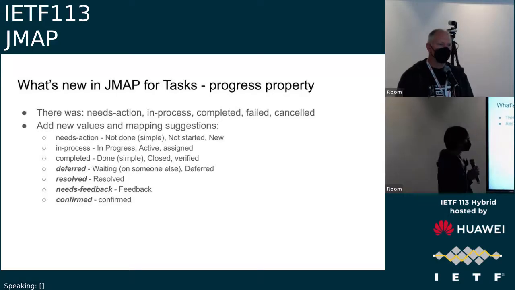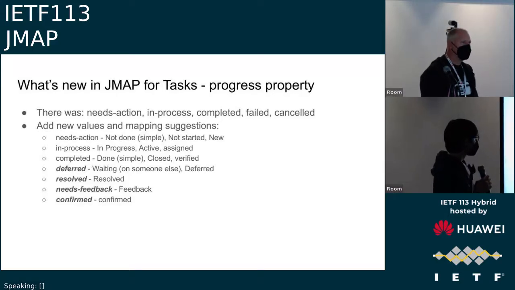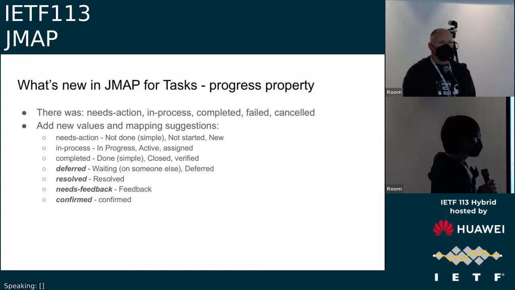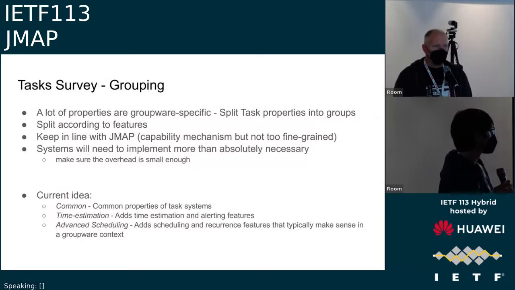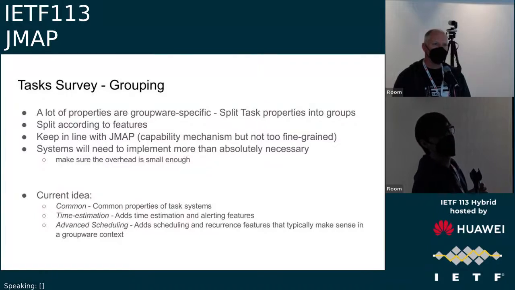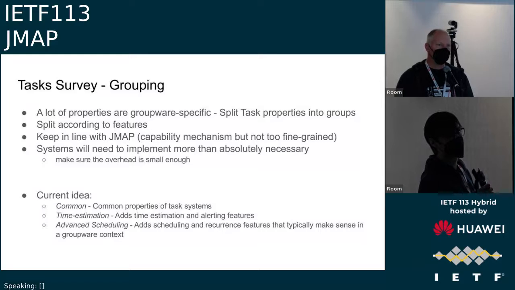Yeah. Brian, can you go to the next slide real quick? Sure. I apologize, I haven't read the current spec, but regarding the grouping thing, just to wrap my head around the issue, are there mandatory properties in JS event that the task folks don't want to see?